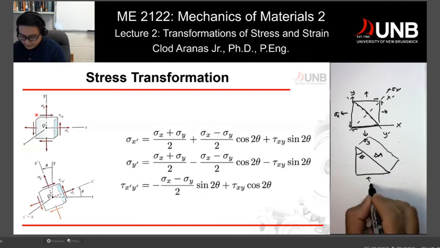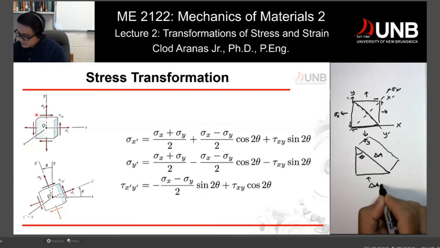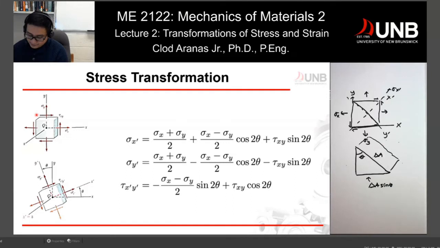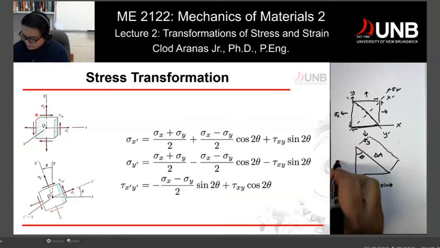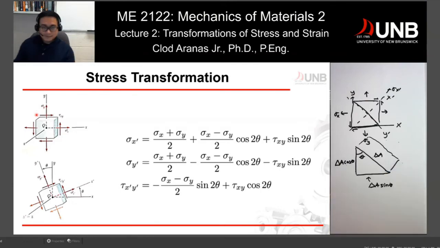This side right here would be delta A sine theta, and you can check it if you want. So this would be delta A cosine theta. So now, again, you slice your cube into this portion. And why did you slice it?